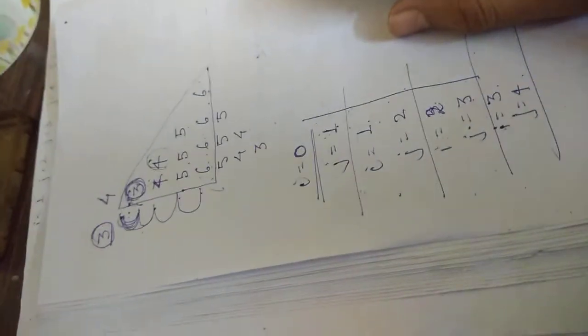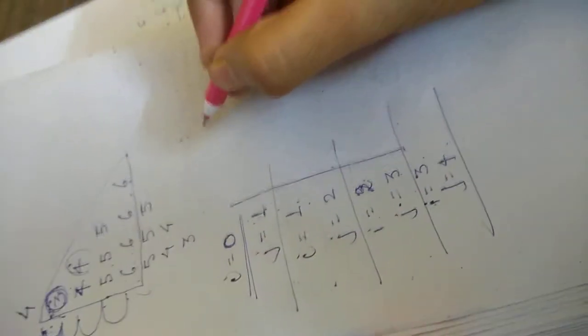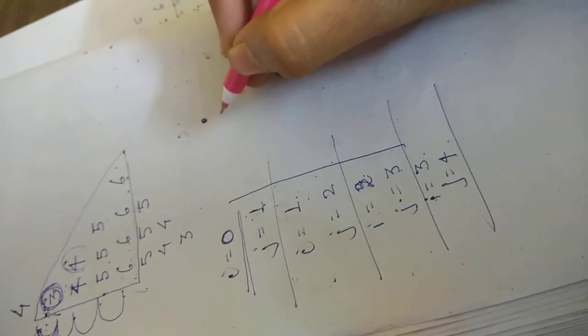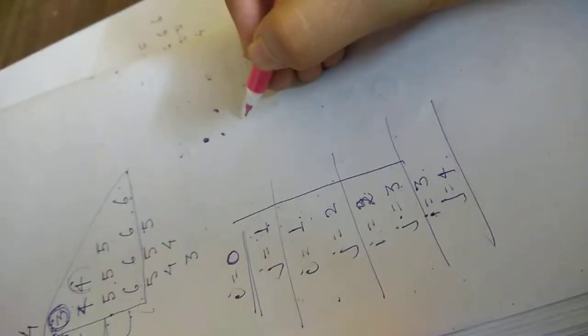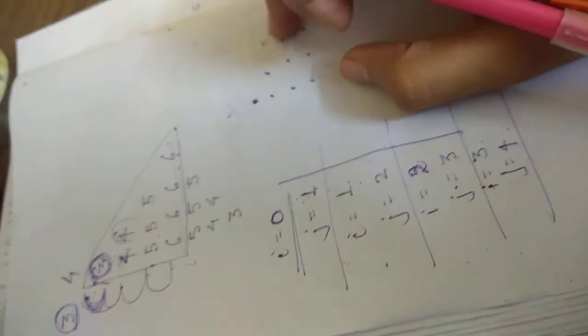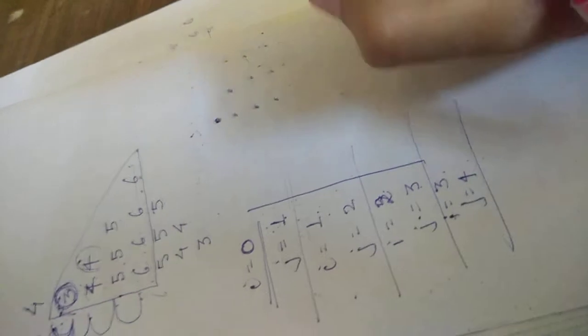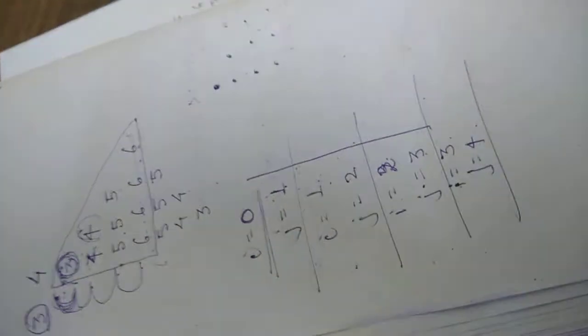So for this pattern, when i is 0, j will print 1 time; when i is 1, j will print 2 times; when i is 2, j will print 3 times; when i is 3, j will print 4 times. So for this triangle, using this logic, we can build a program in C or in Java to perform this operation.